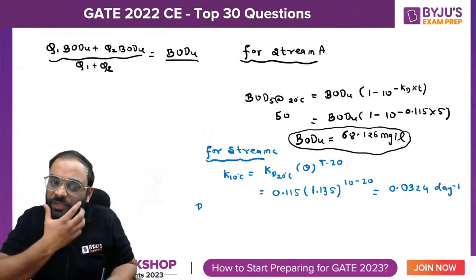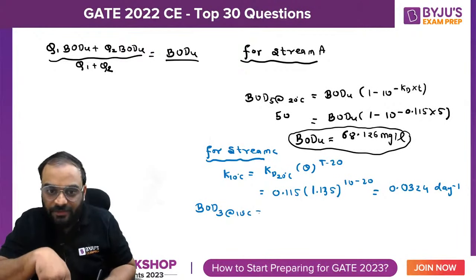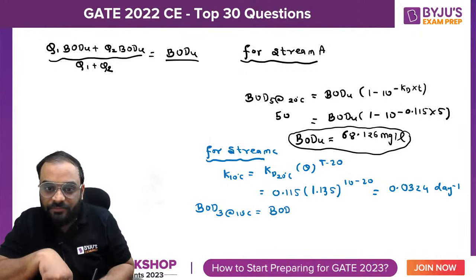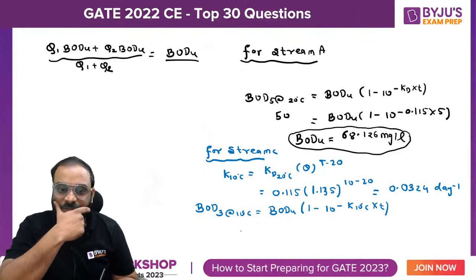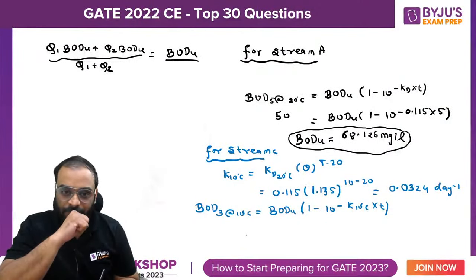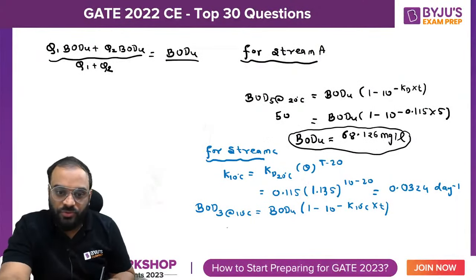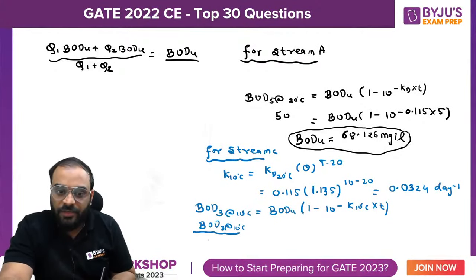Now let's calculate the BOD 3 day at 10 degrees centigrade, which is equal to BOD ultimate into bracket 1 minus 10 raised to power minus K at 10 degrees centigrade multiplied by T. Our task is to find the percentage, so we will divide BOD 3 day at 10 degrees centigrade by BOD ultimate and multiply by 100.